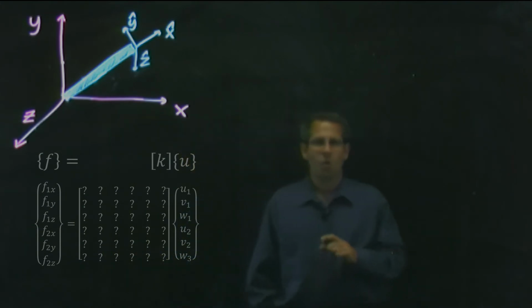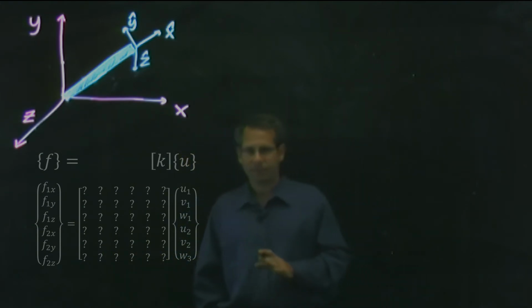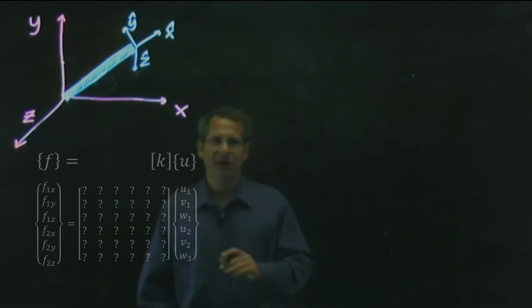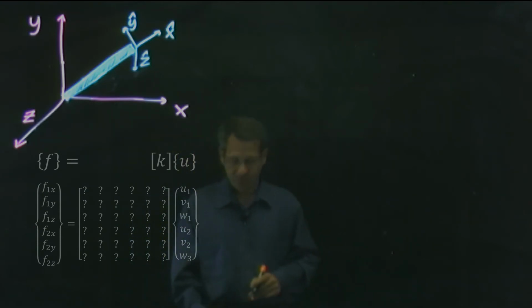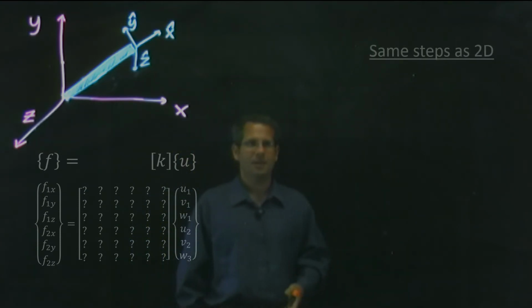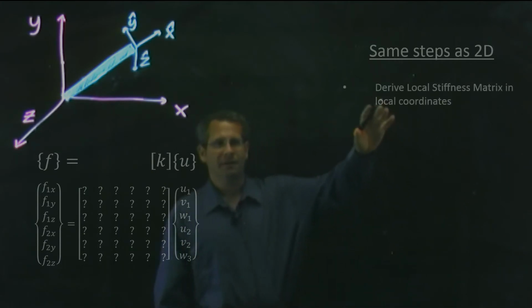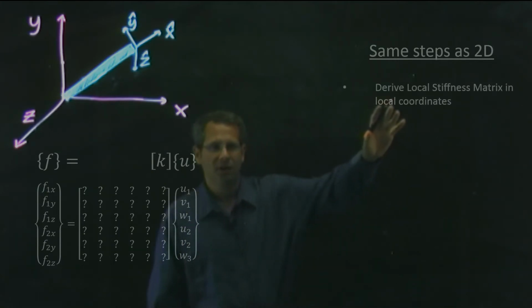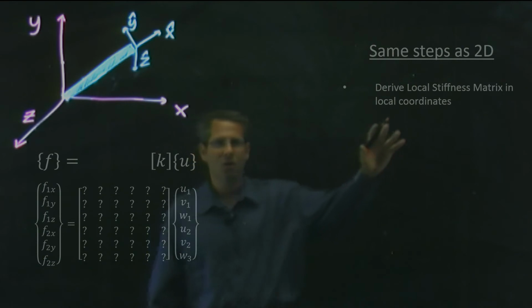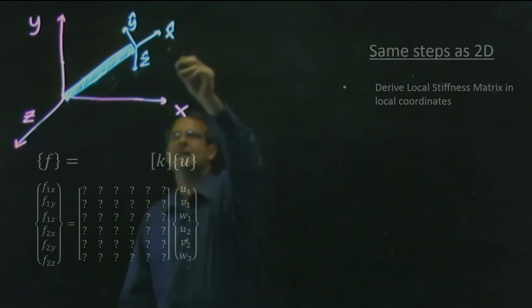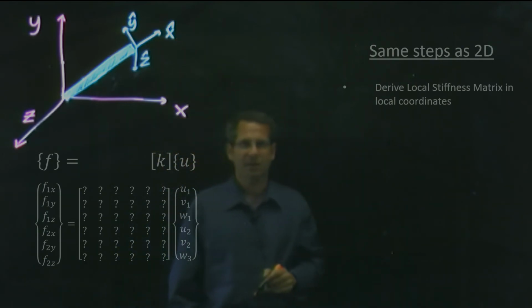All right? What we're going to do is fairly similar to what we did last week. We're going to follow the same steps. We'll first find the local stiffness matrix in the local coordinate system in the x hat, y hat, z hat direction.